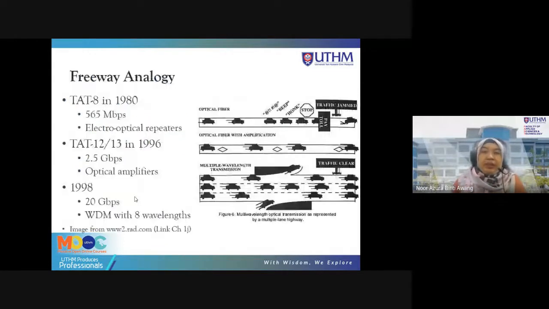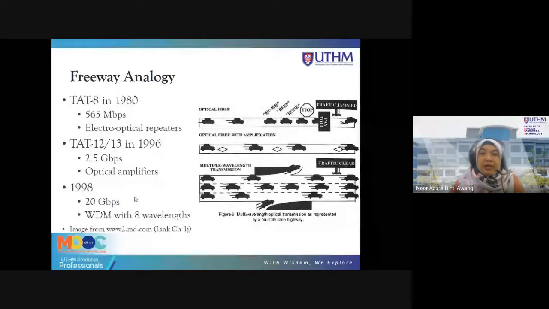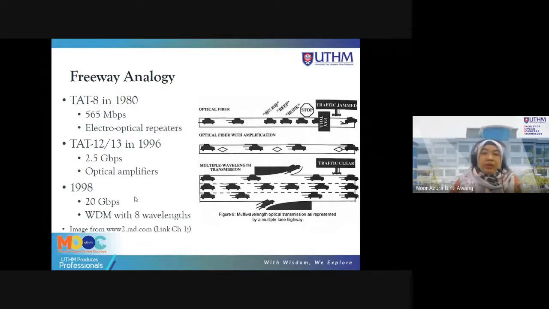Okay, for example here, we have a freeway analogy. This is in 1988, using 565 megabits per second, and they have an electro-optical repeater. This is like the fiber reaching a toll plaza, and they have a traffic jam.